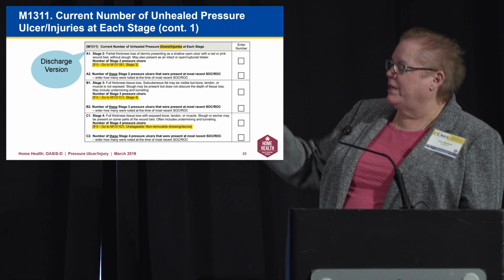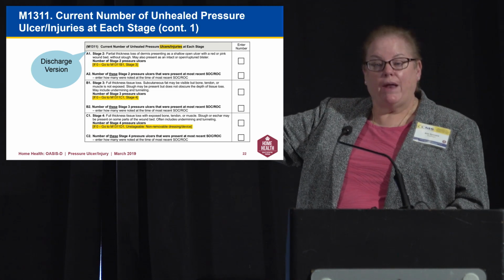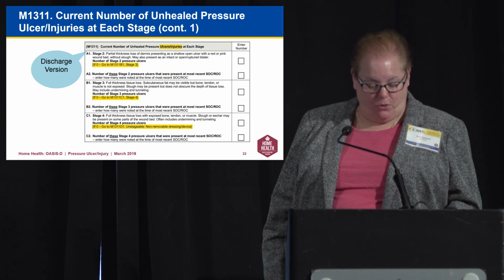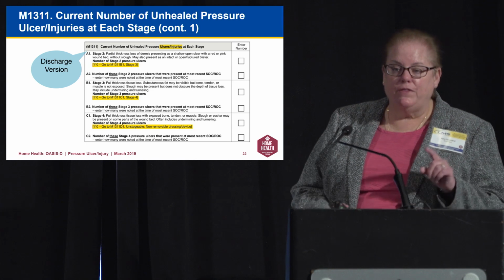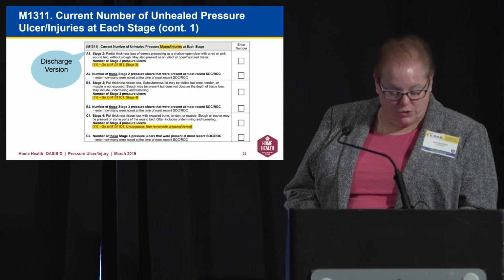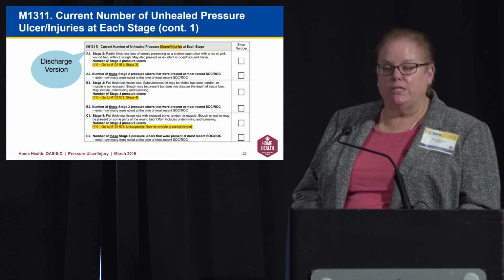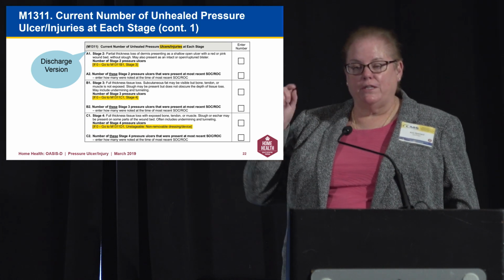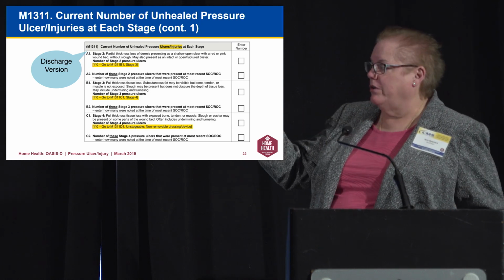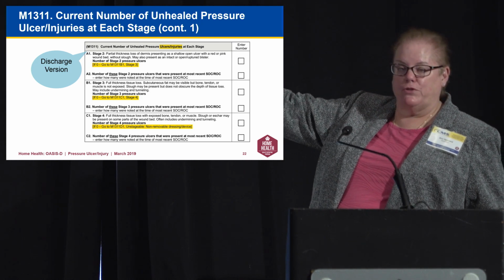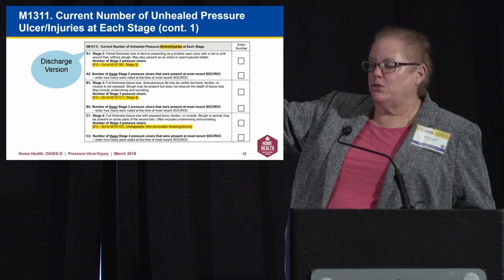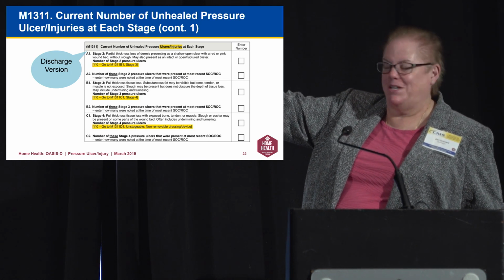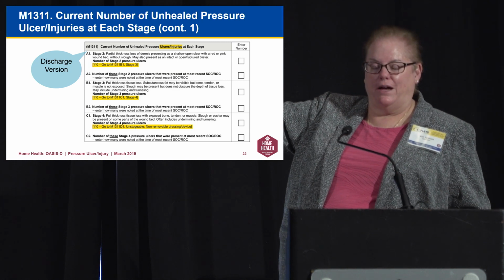And then if I said I have 0, I don't have any of these, so let's assume that I put a 0 in there. Then the follow-up question is the number of these stage 2 pressure ulcers that were present at the most recent SOC or ROC. So let's think about this calculation here. If I have 0 for stage 2, the next question is, of those 0 pressure ulcers of stage 2, how many were present on the SOC and ROC?